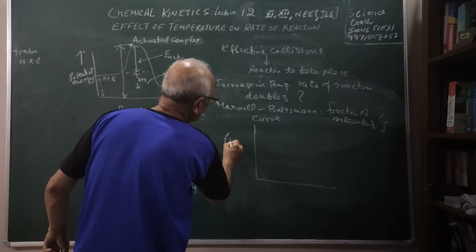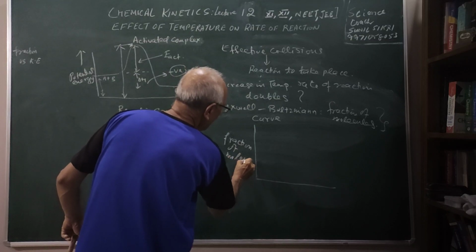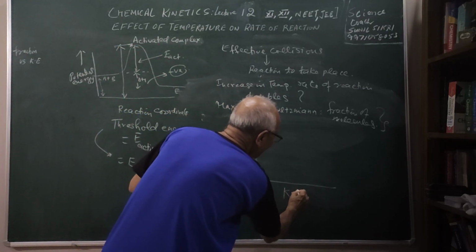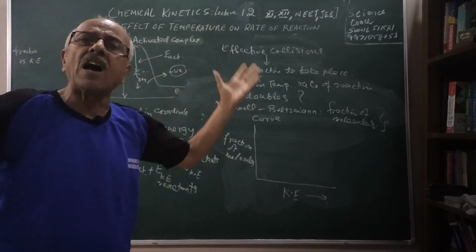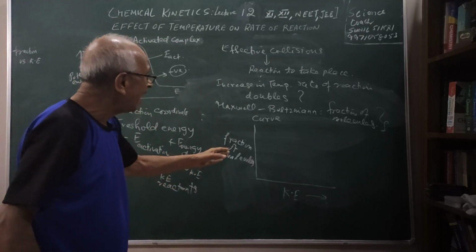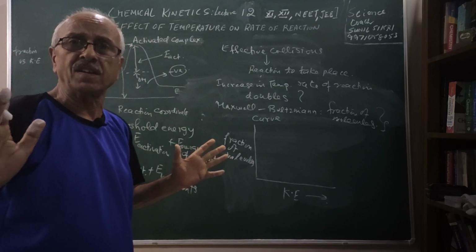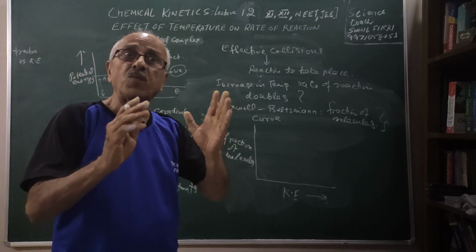A graph is made between the fraction of molecules and the kinetic energy of the molecules. When you are having a reaction, there are a large number of molecules in the reaction, and different fractions of molecules have different kinetic energies, and there is a most probable kinetic energy which is possessed.